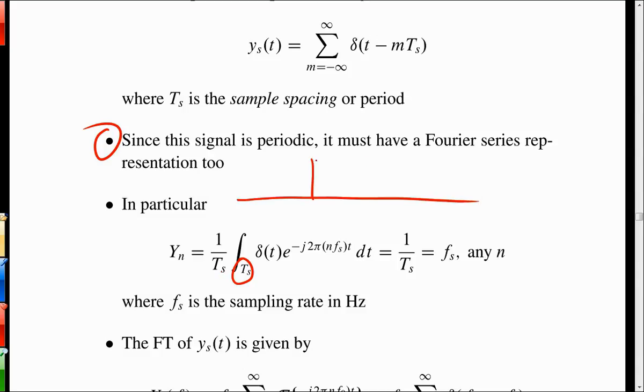If I plotted a couple of them on the page, you might just pick your period like that. So you're grabbing one delta function, and I've grabbed one sitting at t equal to 0. From the sifting property, e to the j at 0 is 1, and it comes up with 1 over T sub s, which is also equal to f sub s, where T sub s is the sample period and f sub s is the sample rate.